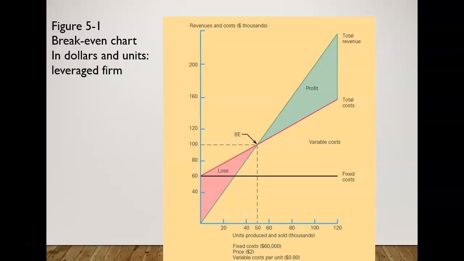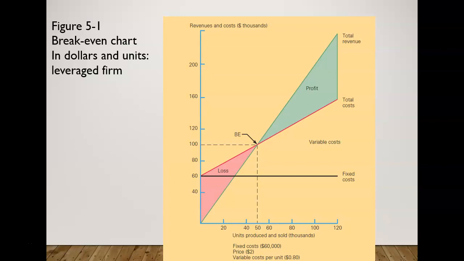So because there is fixed cost, total cost doesn't start from zero. It starts at $60,000. So if production or sales is zero, the total cost will be $60,000. Right? As production and sales increase, you will see that total cost starts to grow from $60,000 upward.